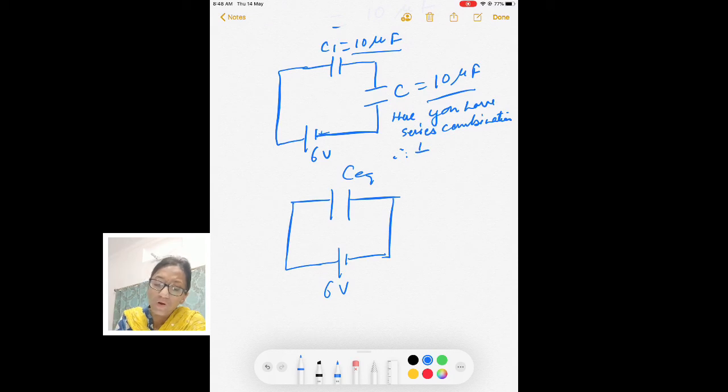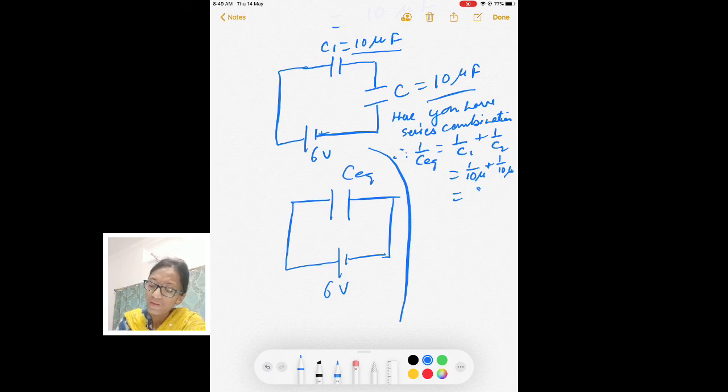Therefore 1 upon C equivalent is equal to 1 upon C1 plus 1 upon C2, and this is equal to, when you will put values, 1 upon 10 microfarad plus 1 upon 10 microfarad, and this is equal to 2 upon 10 microfarad, and therefore C equivalent, just I am inverting, is equal to 10 microfarad upon 2.